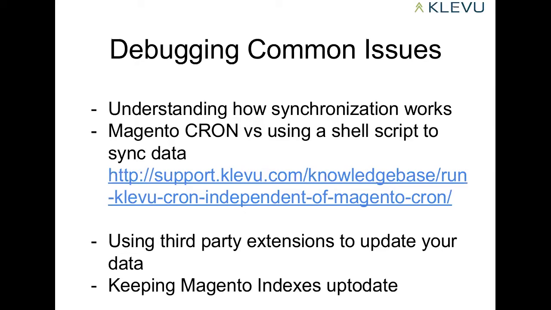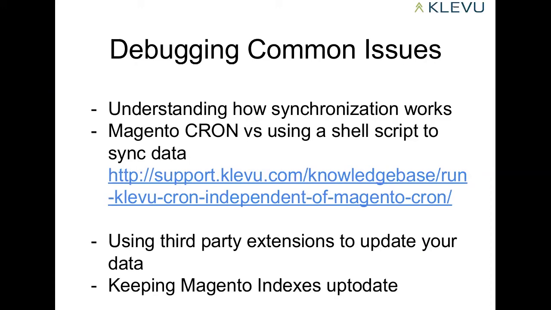In case you are having a large catalog, for example, a catalog that has a size of 20,000 products or more, we recommend that you do not rely on the Magento cron, because often it can block other crons, or our cron may be terminating before it completes the entire synchronization.